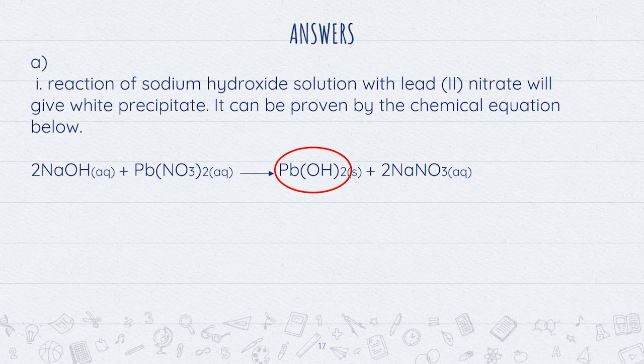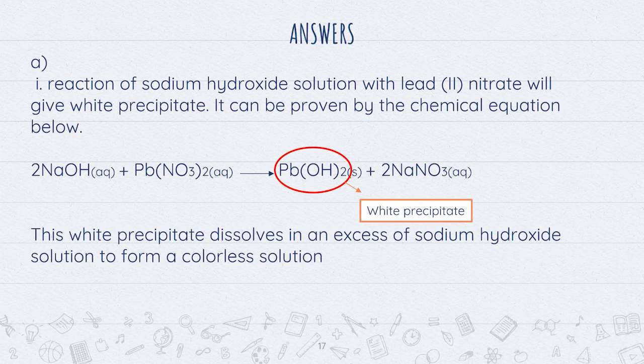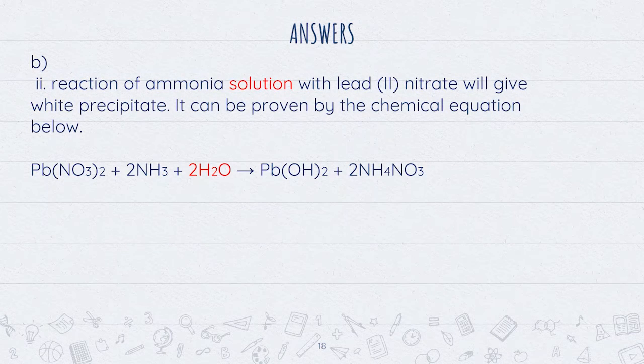This lead oxide is a white precipitate that dissolves in an excess of sodium hydroxide solution to form a colorless solution. For the reaction of ammonia solution with lead nitrate, it will give a white precipitate.